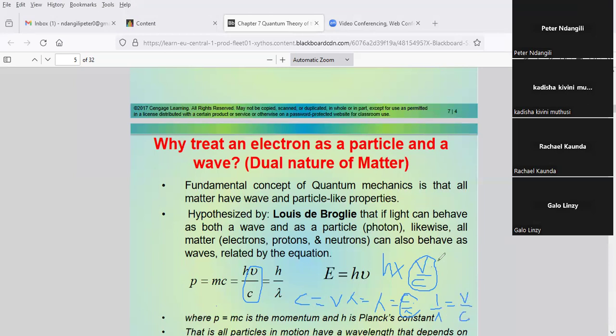And therefore, this one can be written as h times 1 all over lambda. That is how we are getting this. Okay, thank you. I've understood. Thank you. So we can move on.